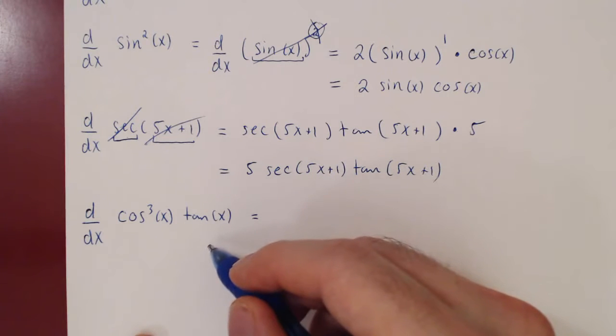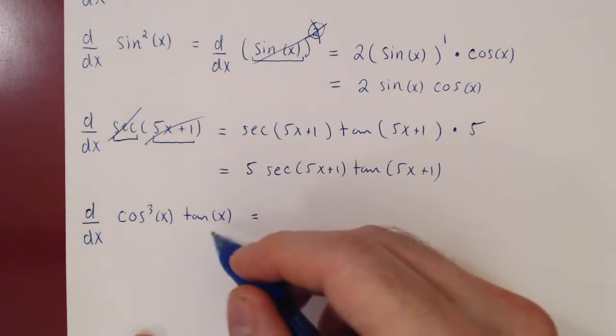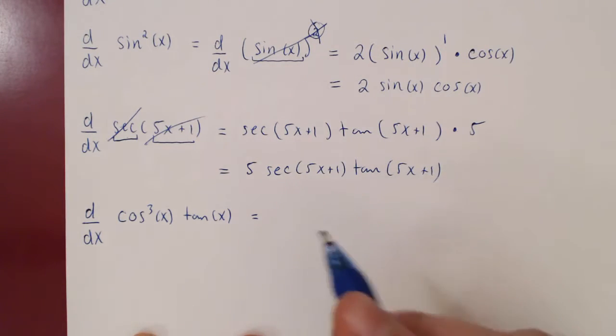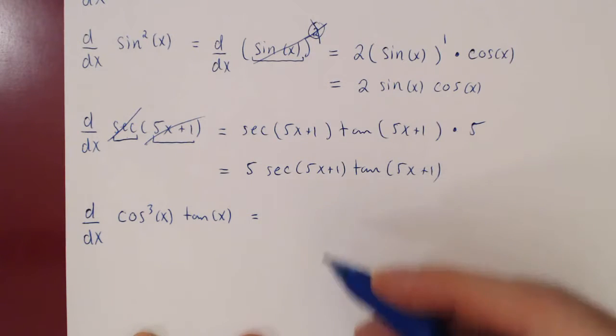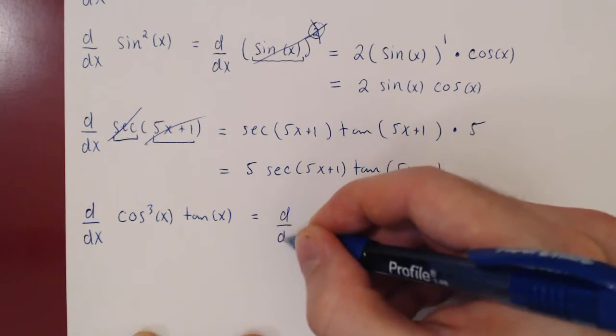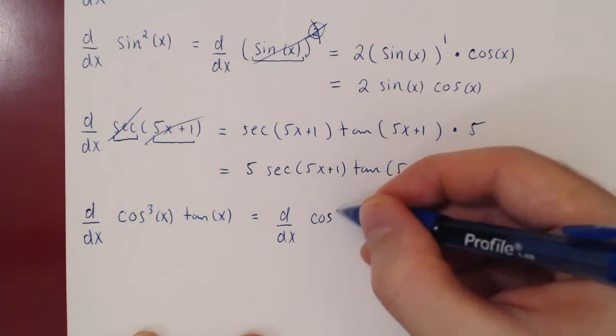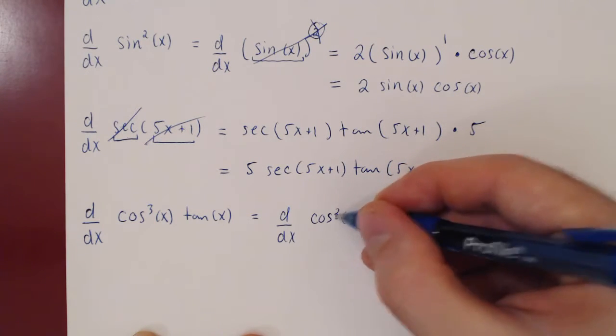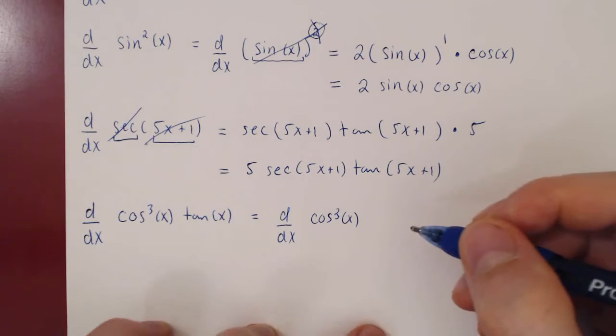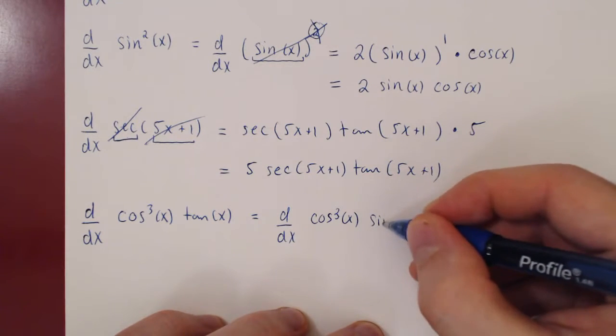remember, tan is sine over cosine, so you'll be able to cancel a cosine here and have a slightly simpler rule of differentiation. So you can write this as the derivative of cosine cubed of x times sine of x over cos of x.